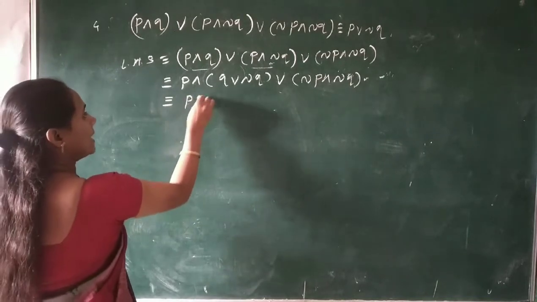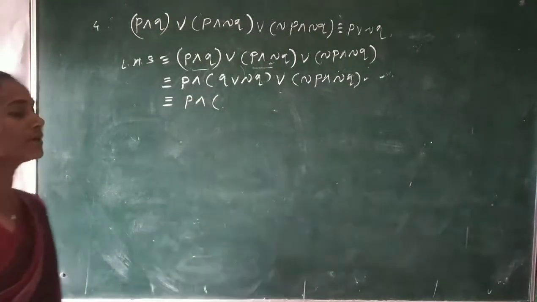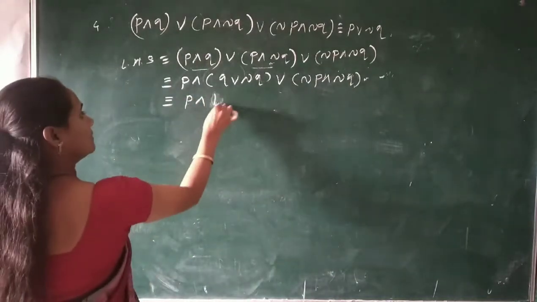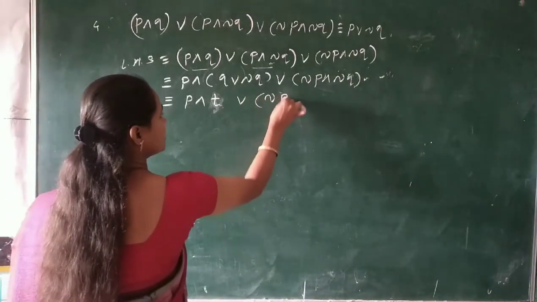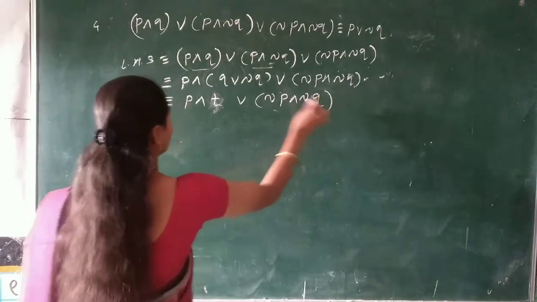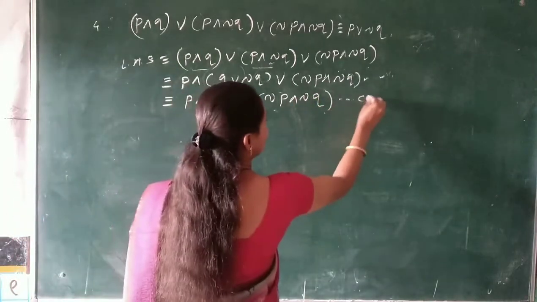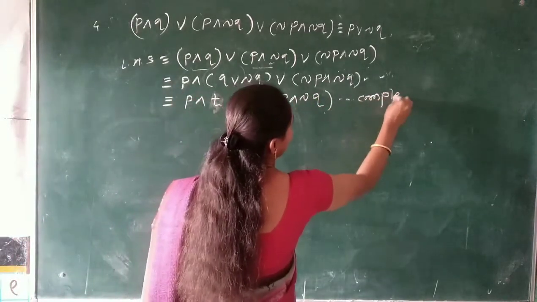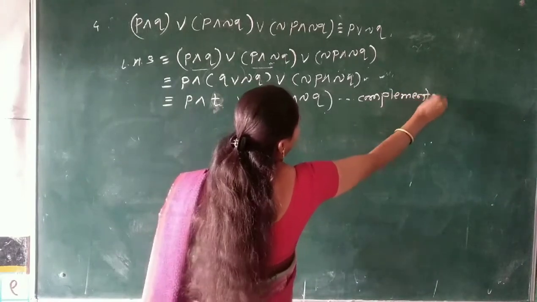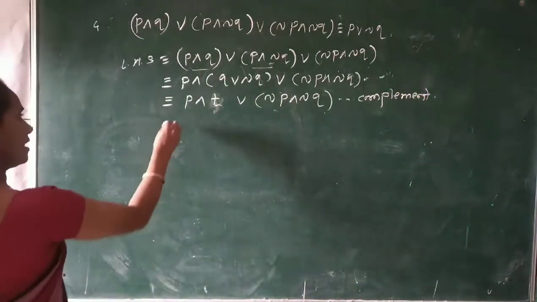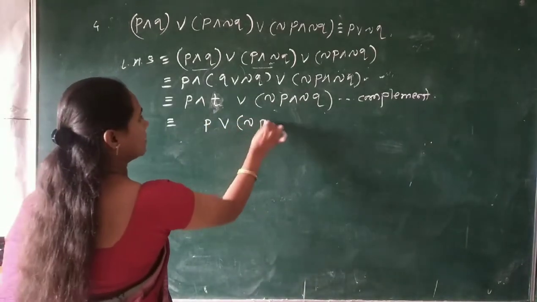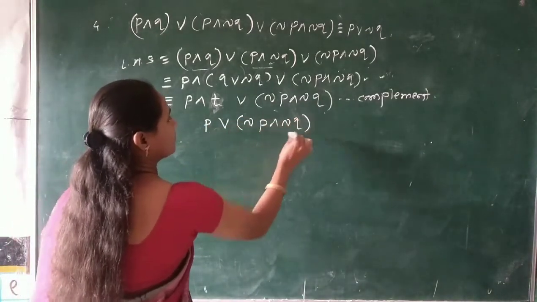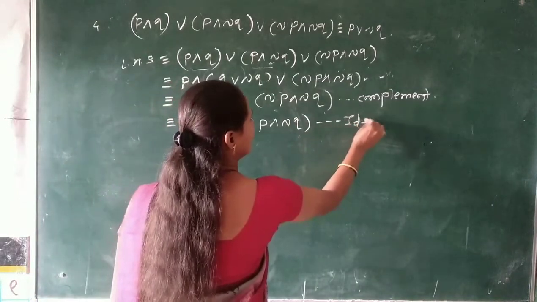Now Q or ¬Q is T by using complement laws. And now P and T is P by using identity law.